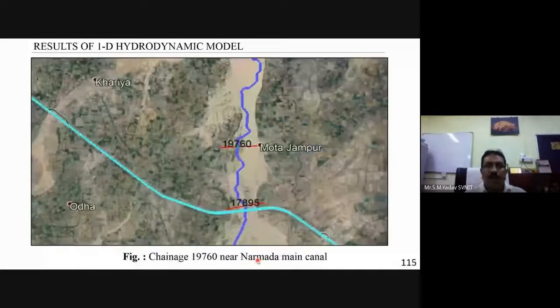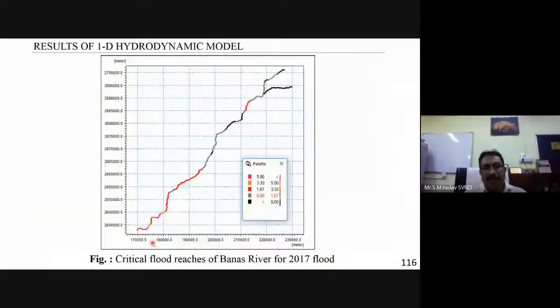This 1D model is coupled, and the critical flood reaches have also been identified with different colors. You can see that after this it becomes more critical, because this is almost after the confluence, almost the downstream part of the reach, where you can see that the entire downstream part becomes a critical river reach.